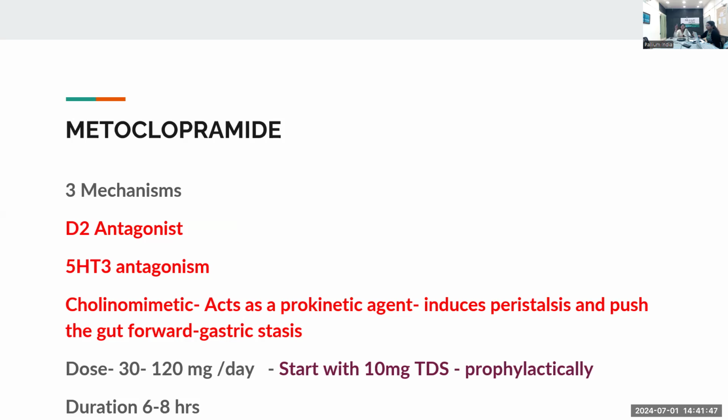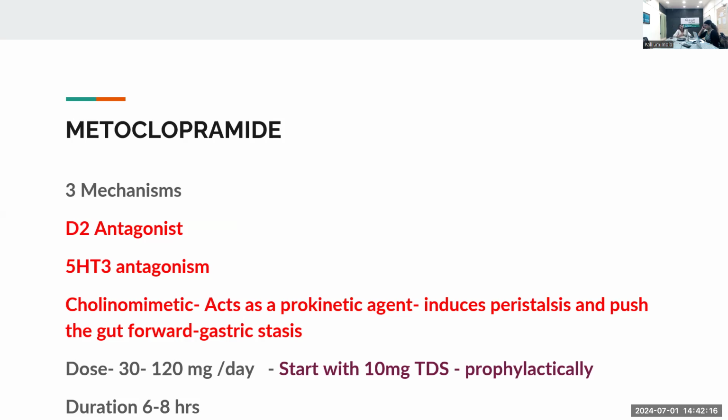The first is D2 antagonism and 5-HT3 antagonism at higher levels. So it has two methods. And the third one, which is very important, is the cholinomimetic action.